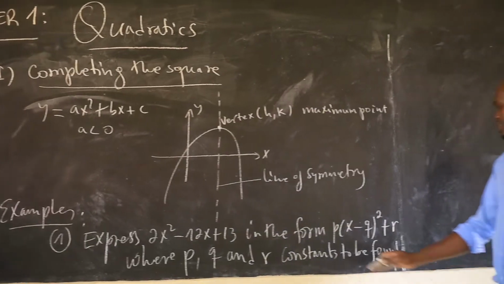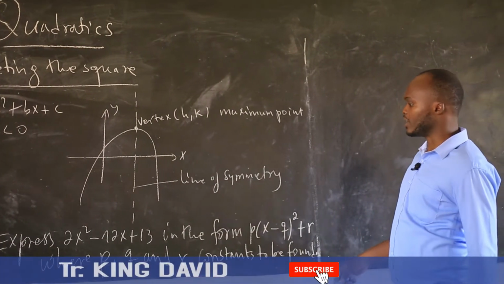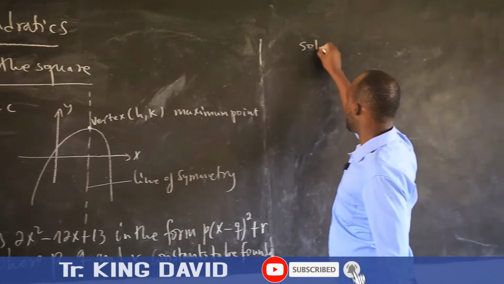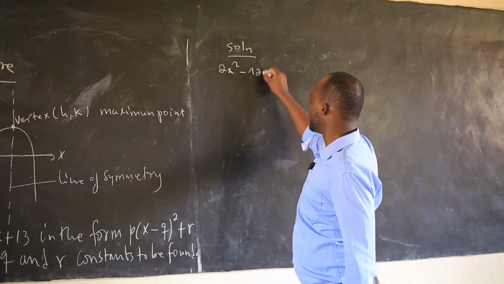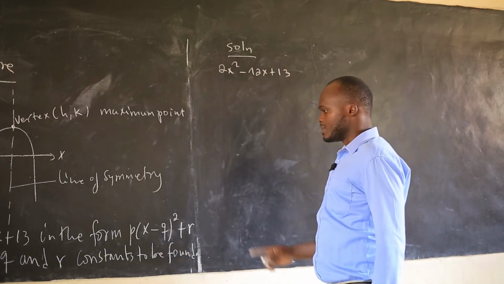So we have to express that one in this form, which is completing the square.